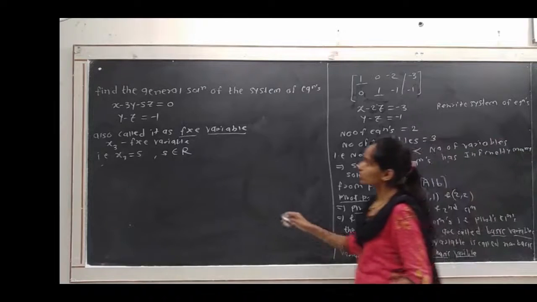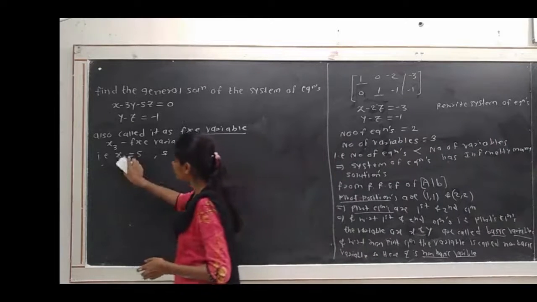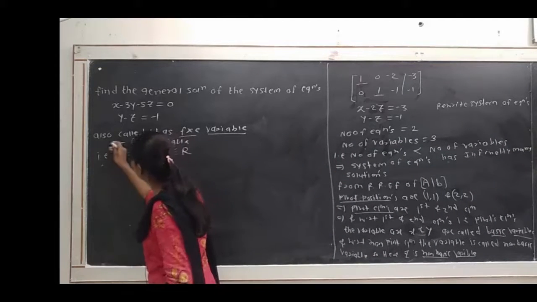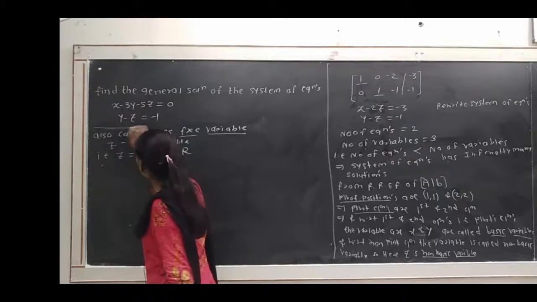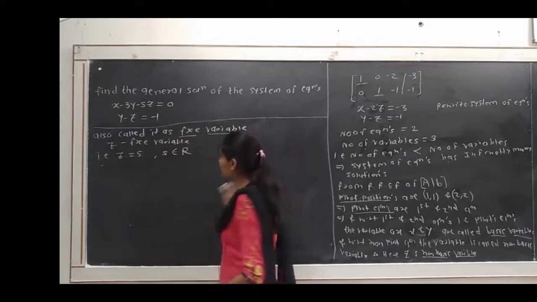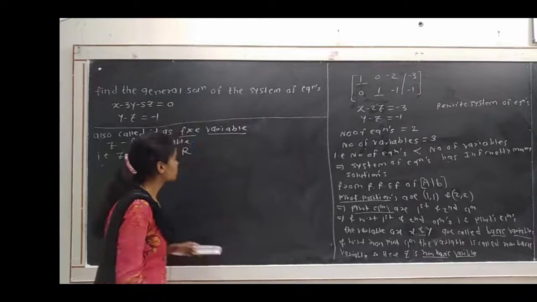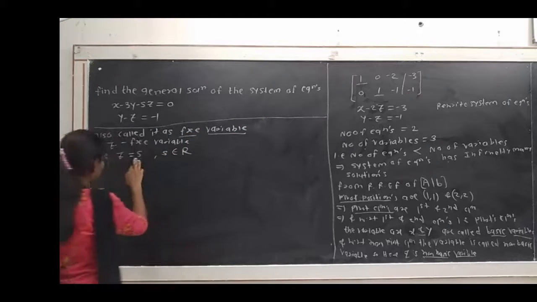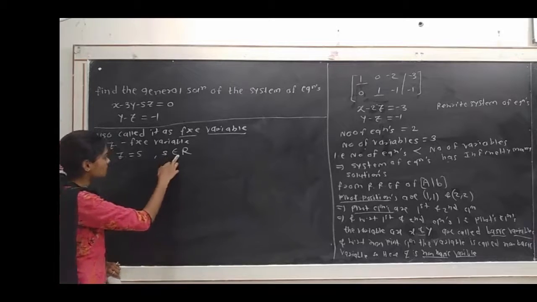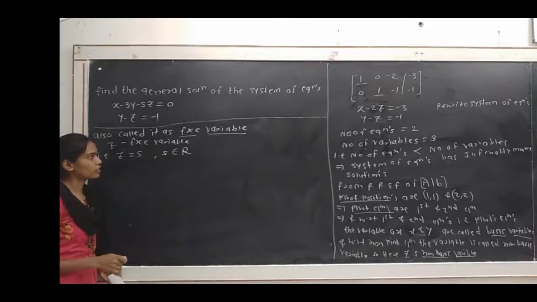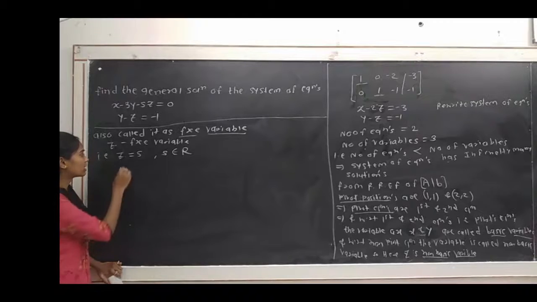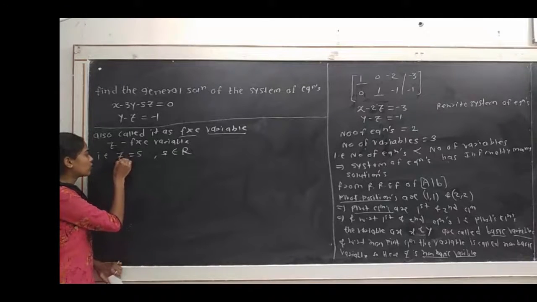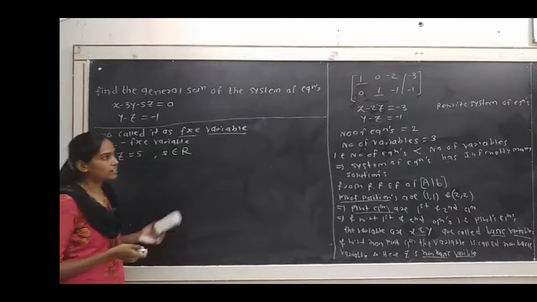So here not x3, we consider the variable z, because in this system the variables are in the form x, y, z. Here z is equal to s, where s belongs to R, the set of real numbers.